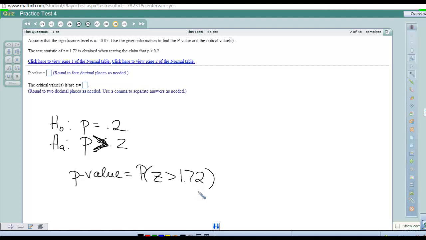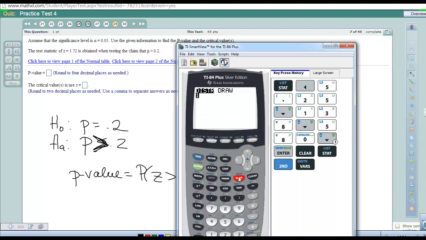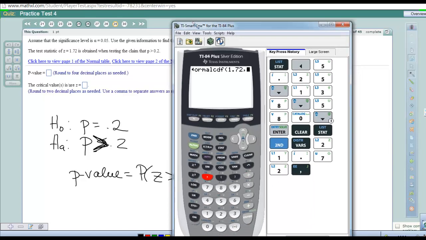And so you could find that on your calculator by doing, I'm sorry, not that. We're going to do second distribution, normal CDF from 1.72 to infinity.